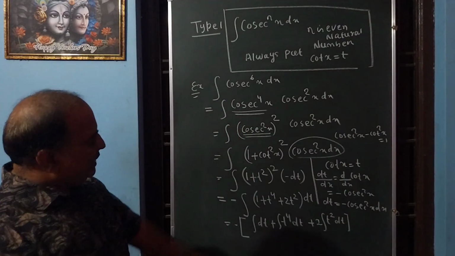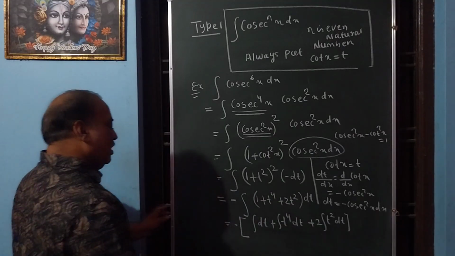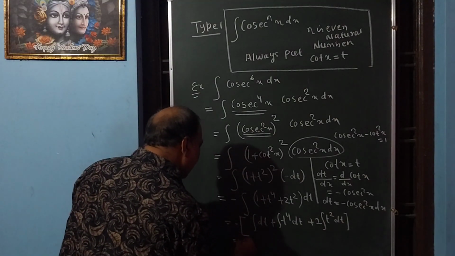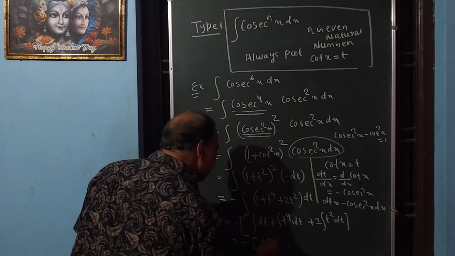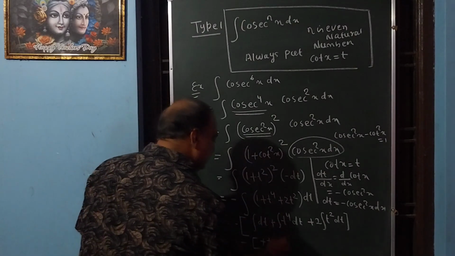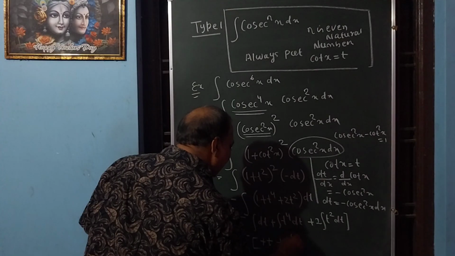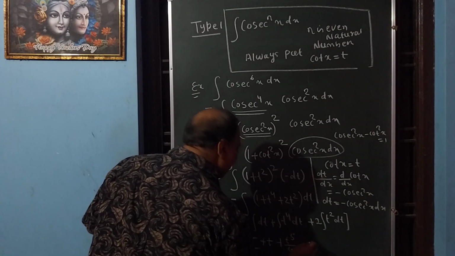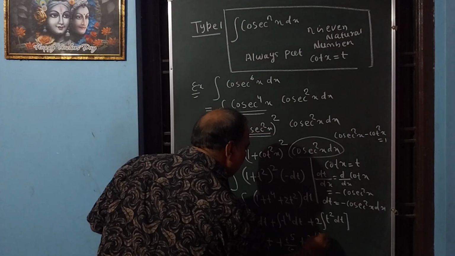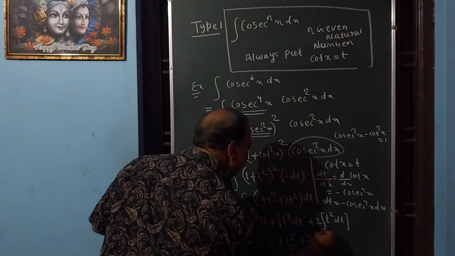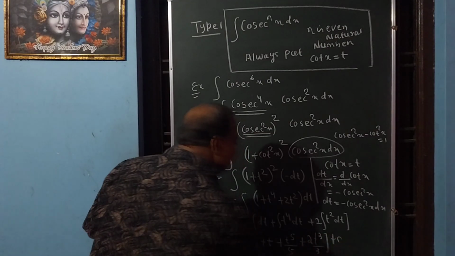We know that integration of dt is equal to t. So minus (t plus t to the power 5 by 5 plus 2 t cube by 3) plus c.